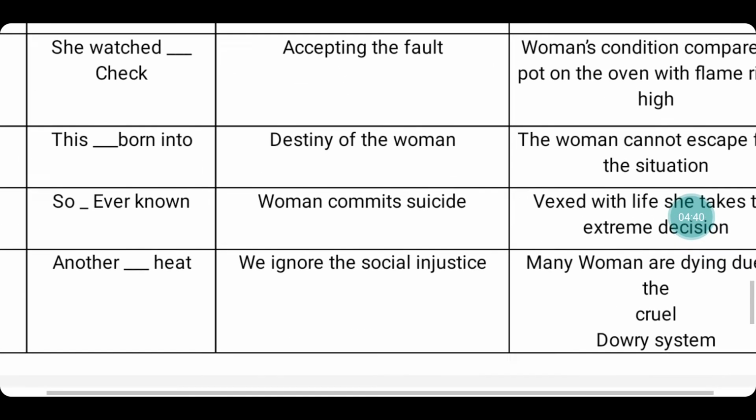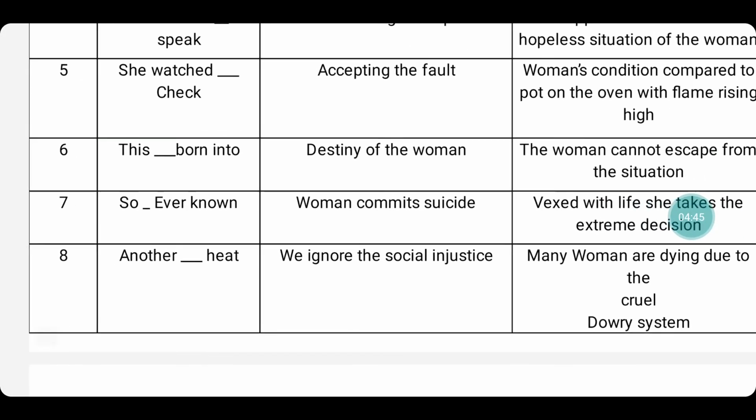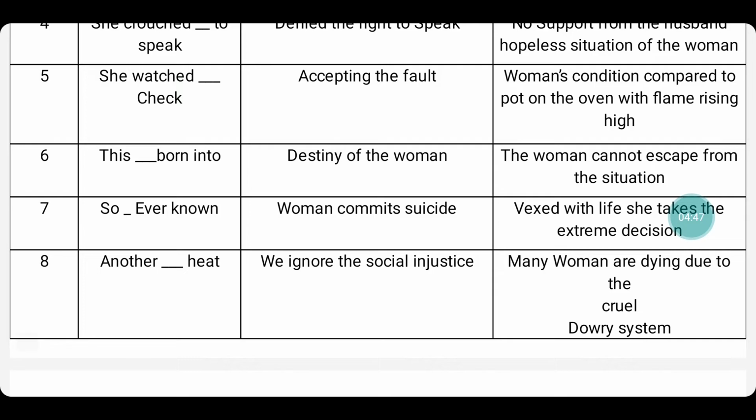And on to the fifth stanza, "She watched to check". She is accepting the fate. So here you can see the meaning of this stanza is she looks at the flame hiss up. Here there is an imagery wherein there is a comparison of the pot to the woman, that is, the blackened cheek to the woman, that is the daughter-in-law, and the flames hissing up to the poisonous words of the mother-in-law, the curses of the mother-in-law.